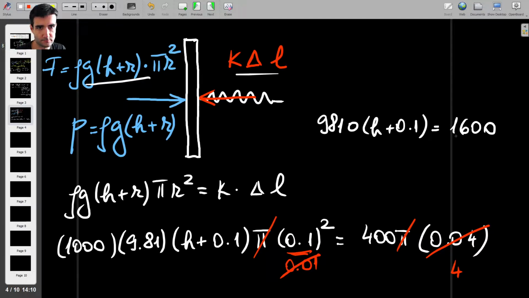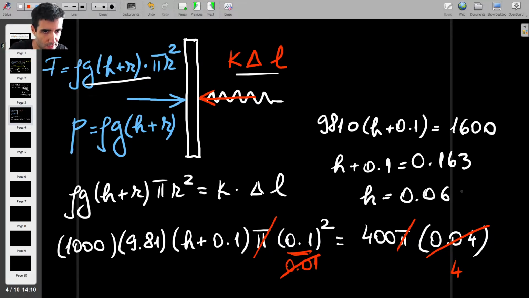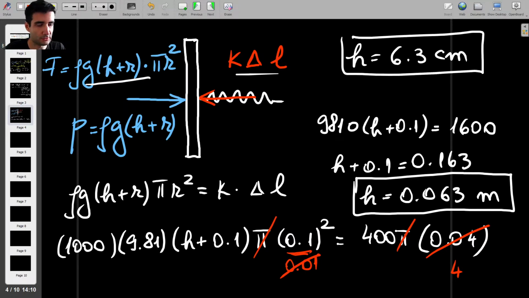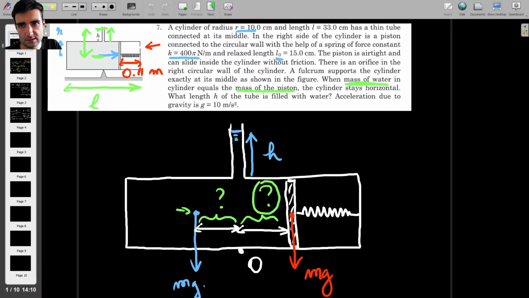And then we have H plus 0.1 equals, and now we have to use a calculator. So that is 0.163. And then if we do this final subtraction, this is going to become 0.063 meters, or we can say that this is 6.3 centimeters. So in other words, we found how much the water rises above the level of the cylinder. So this amount, H, is 6.3 centimeters.